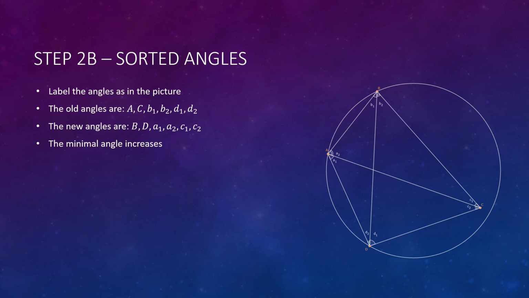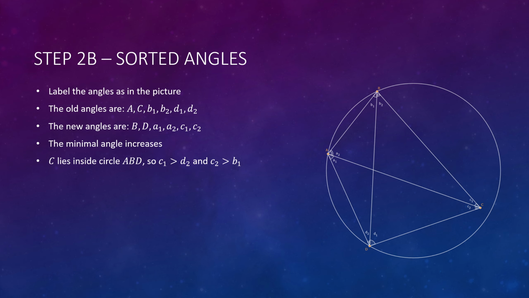So what we want to prove is that the minimal angle increases after the flip. And in order to do this, we're simply going to prove that each of the new angles is strictly larger than one of the old angles. This means that also the minimal angle from the new ones is strictly larger than some old angle, meaning that it is also strictly larger than the minimal old angle.